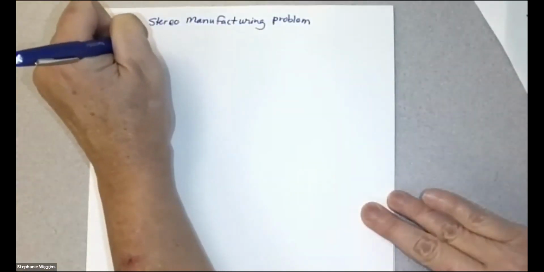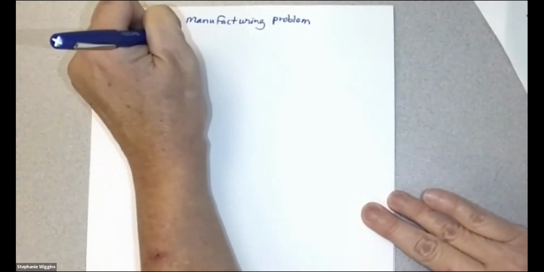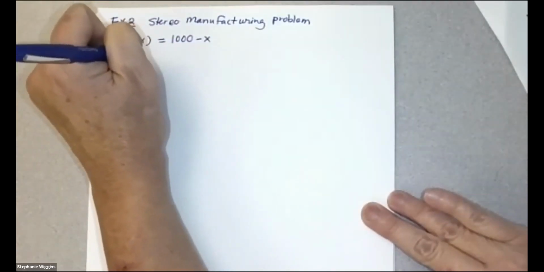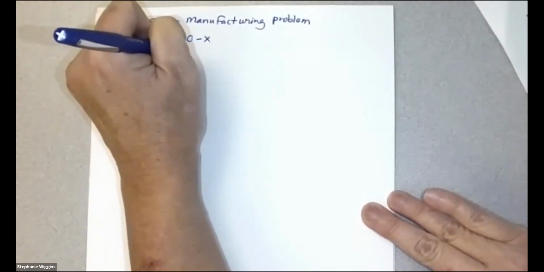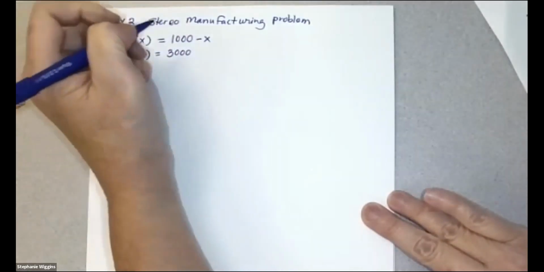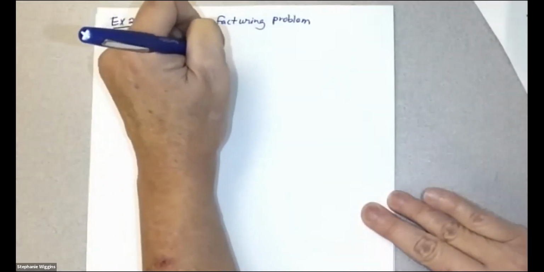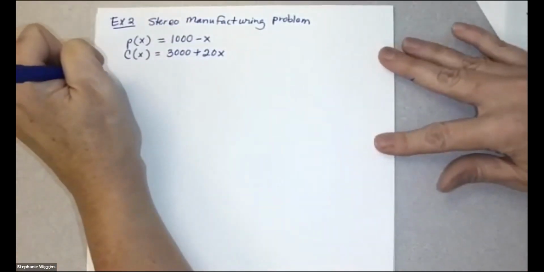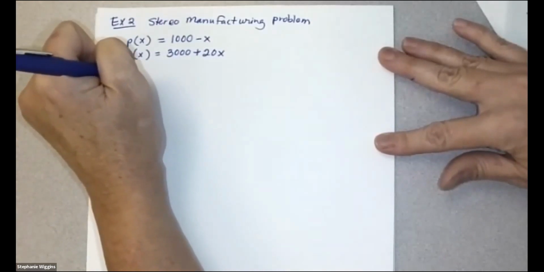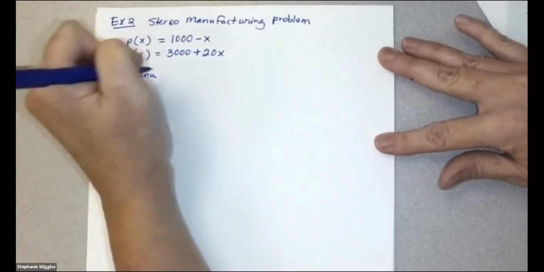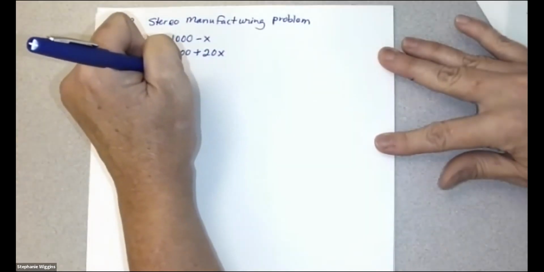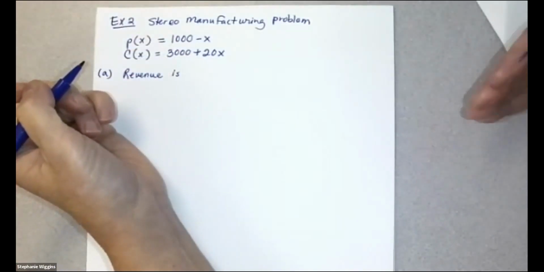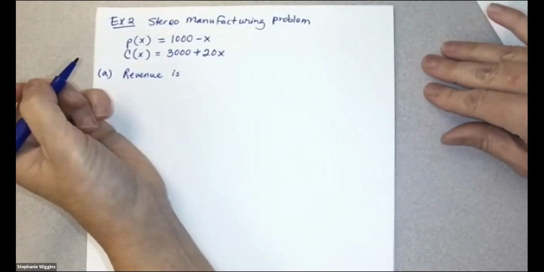So we're given that little p of X equals 1,000 minus X. The cost function is given to us as 3,000 plus 20X. And revenue, so part A, we're looking for revenue. Revenue is the total amount that you're bringing in.